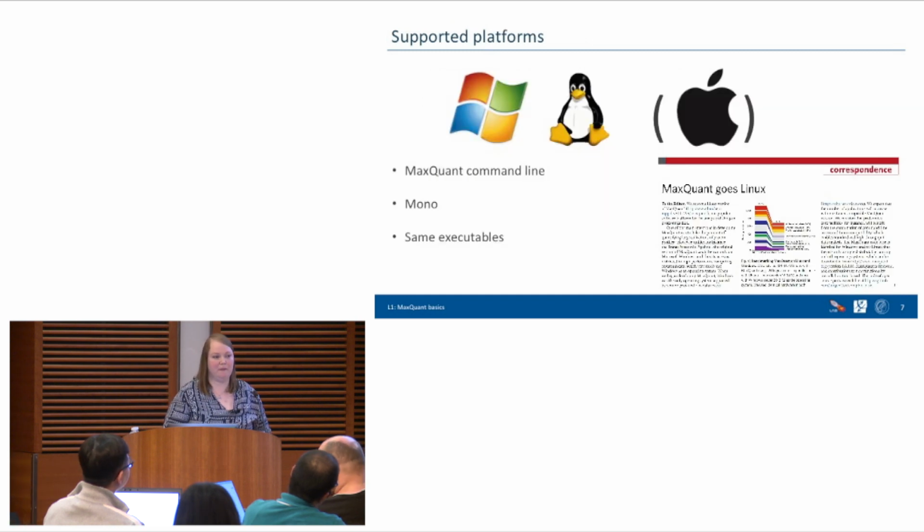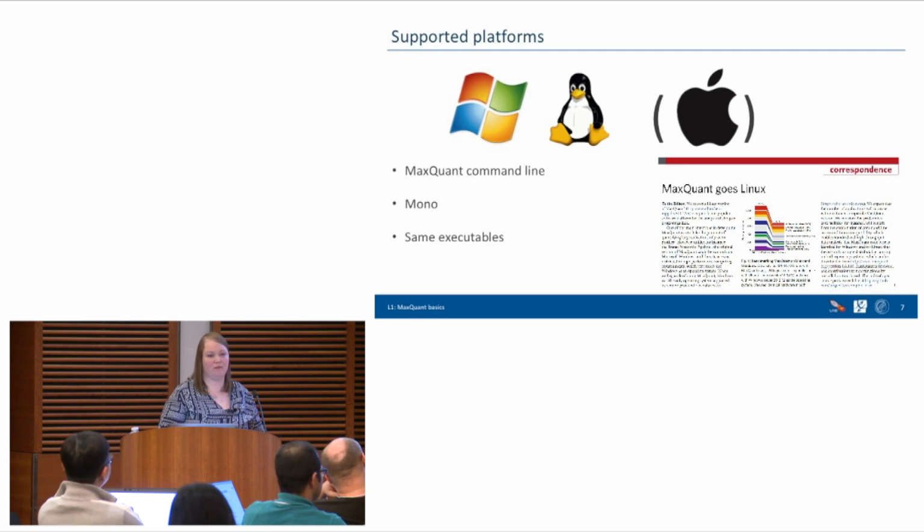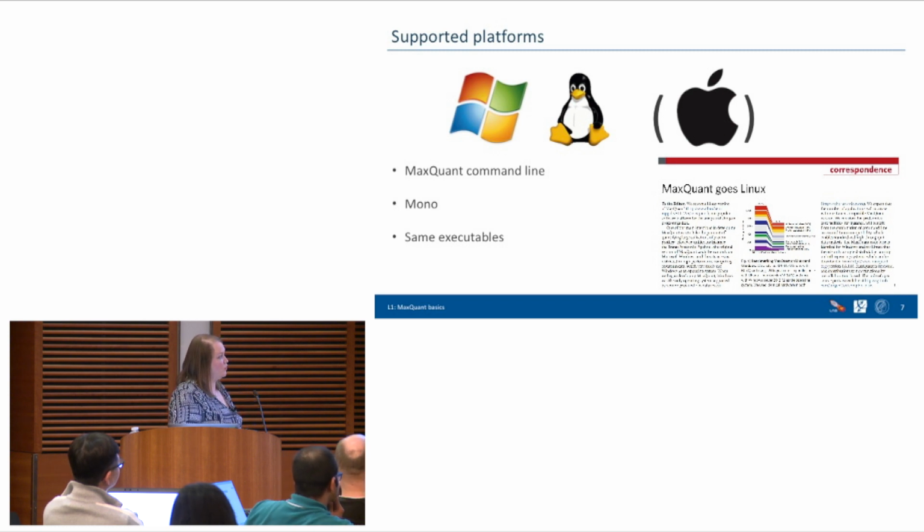So where does MaxQuant run? Initially, MaxQuant was developed for Windows, but quite a while ago we started to develop support for the Linux platform. If you want to know more, look into that publication.